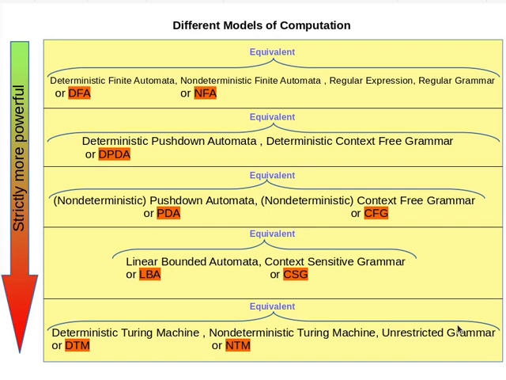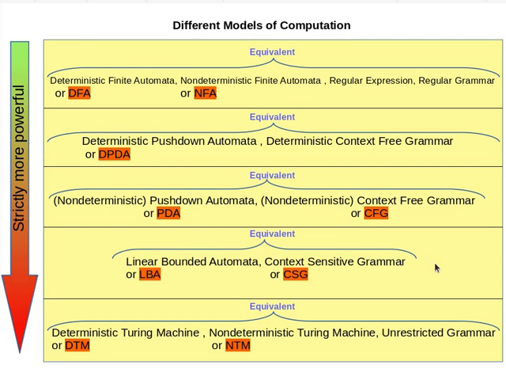Now these models are weaker than this model. So these models are strictly more powerful than these models. Okay. Similarly, these models are strictly more powerful than the previous two classes of models.